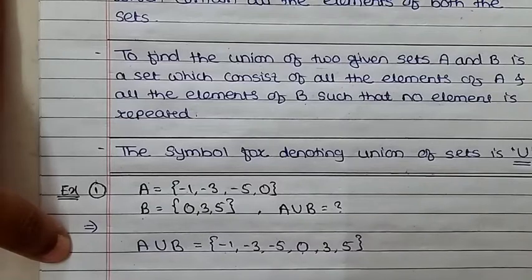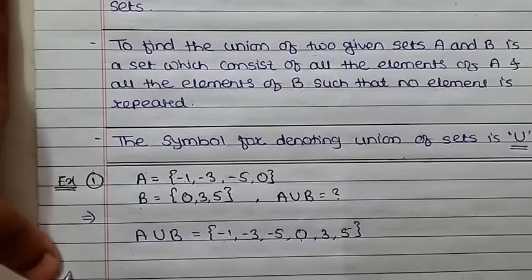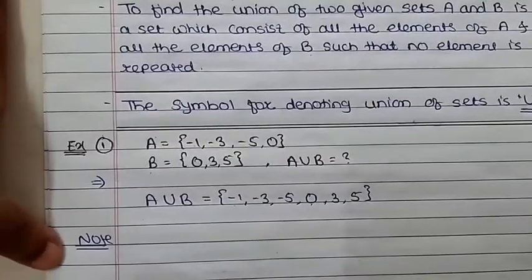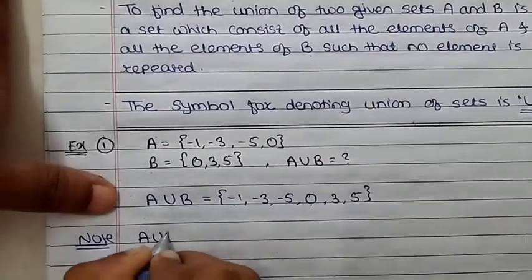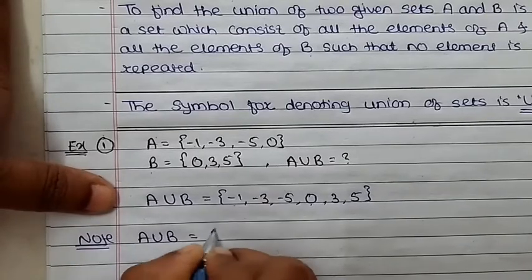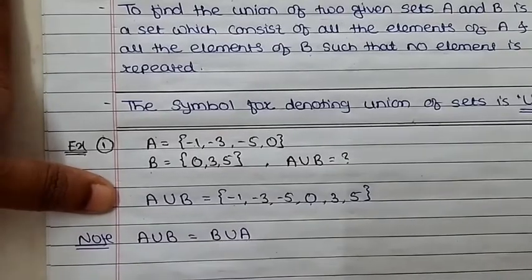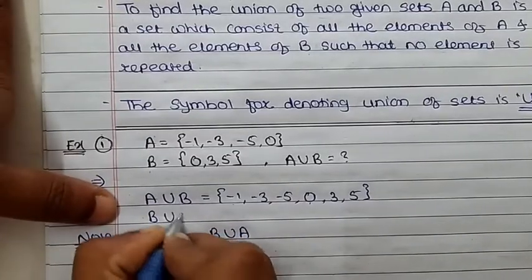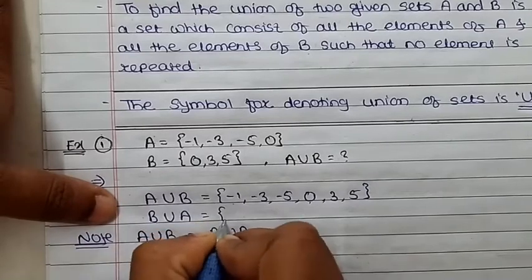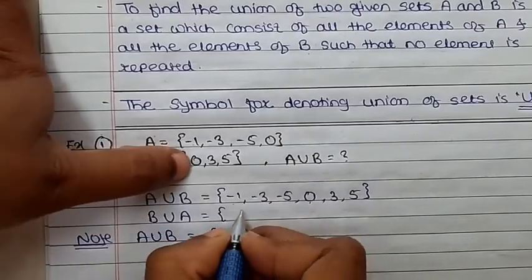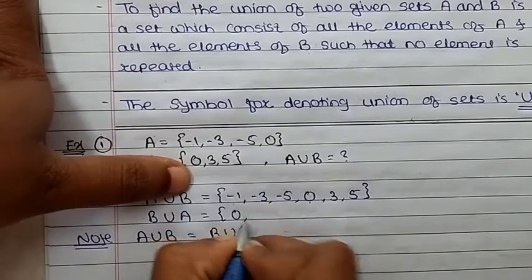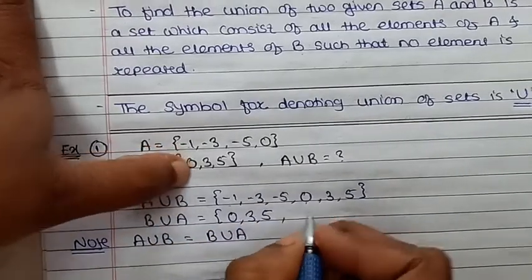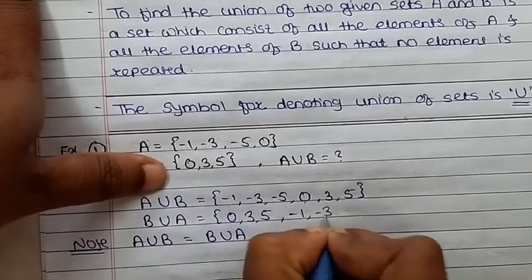Clear? Next, you note that when we calculate A union B, it is also equal to B union A. Suppose consider this example here. If I want to calculate B union A, then how to calculate this? Write down all the elements of B here, that is 0, 3, 5. Okay, and then write down all elements of set A, that is -1, -3, -5.